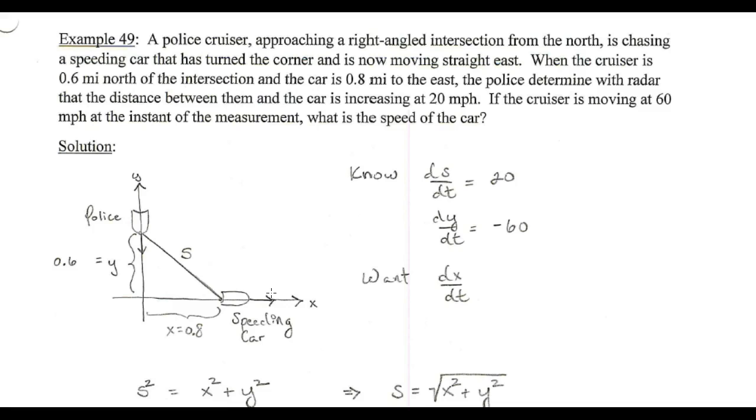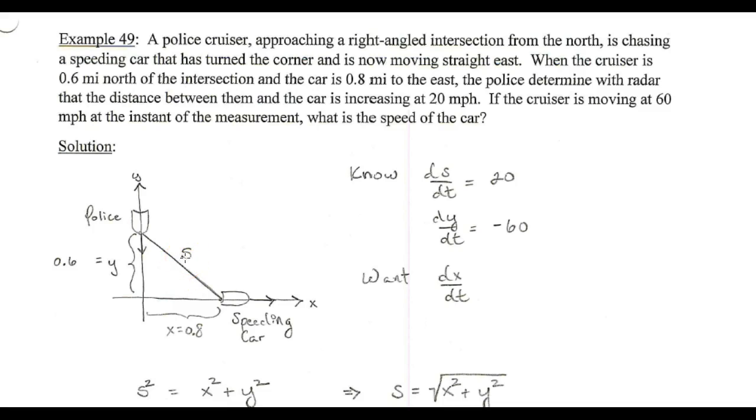Then I have a triangle with this side labeled x, this side labeled y, and this side I'm going to call s, because I don't want to write d and then take the derivative of d, which makes it confusing. So just call it s. In other words, I have a right triangle where one side is y, one side is x, and the hypotenuse is s.